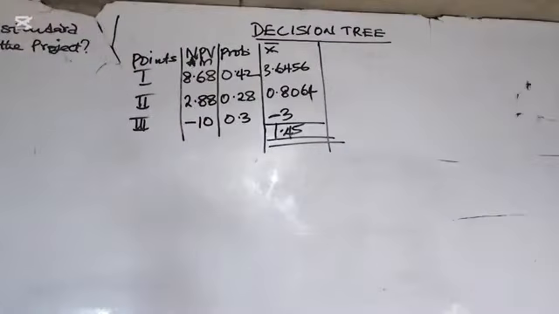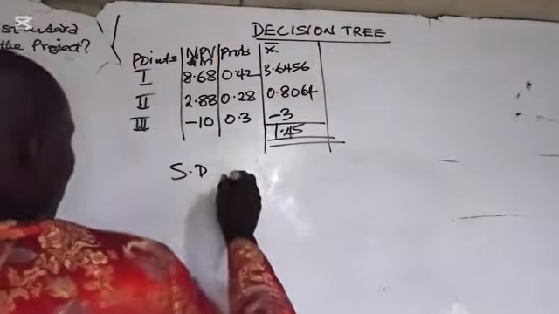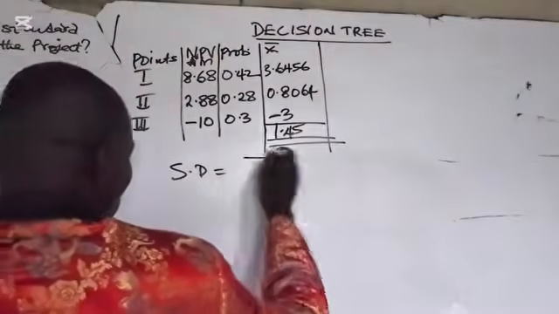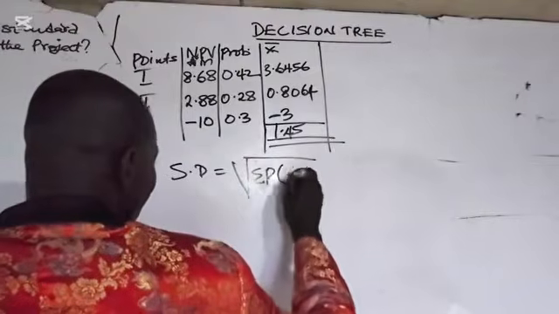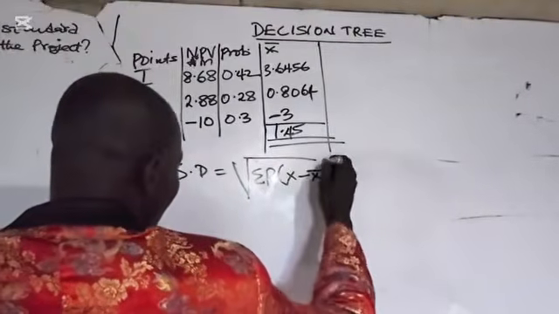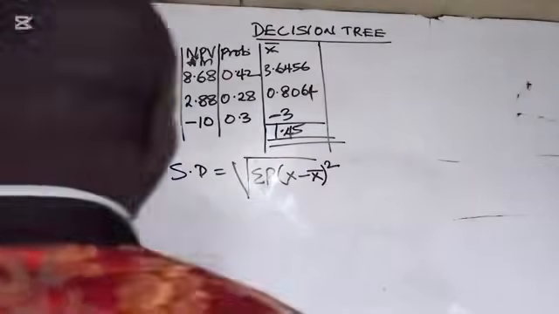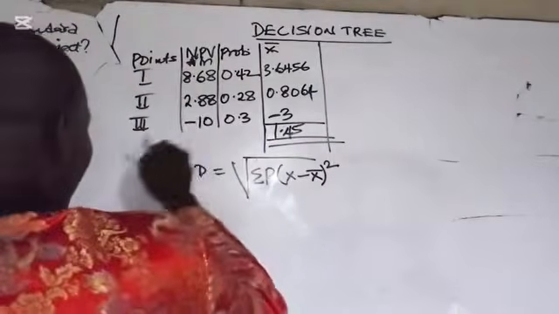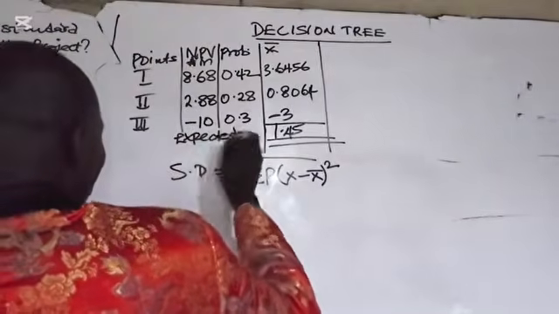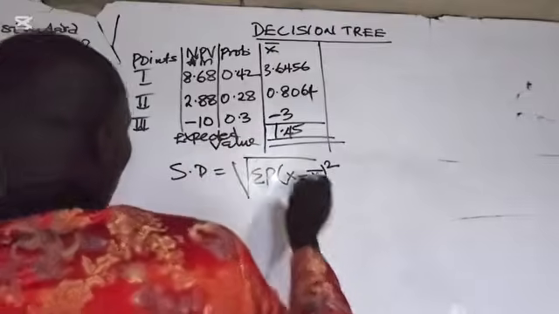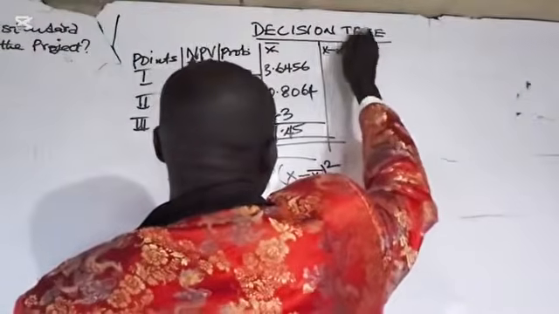Standard deviation is the square root of variance, which is the summation of p times (x minus x bar) squared. Note that x bar is the expected value, which is the mean. So you will need x minus x bar.